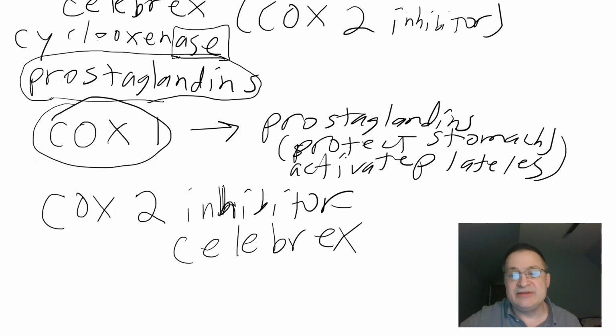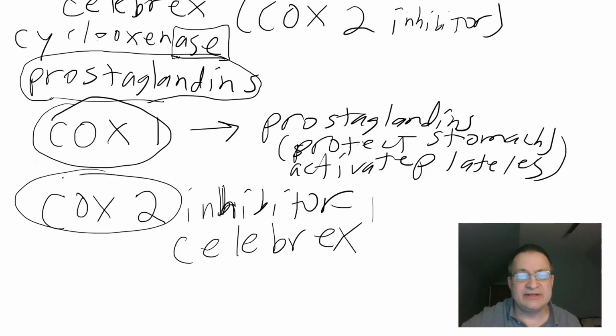It doesn't activate platelets, so the blood just continues to bleed. If you're going to have surgery, for example, you don't want to take ibuprofen, aspirin or naproxen, because those can affect blood clotting, and then the person could bleed a lot. But Celebrex doesn't do that because it only inhibits COX-2. Make sense?